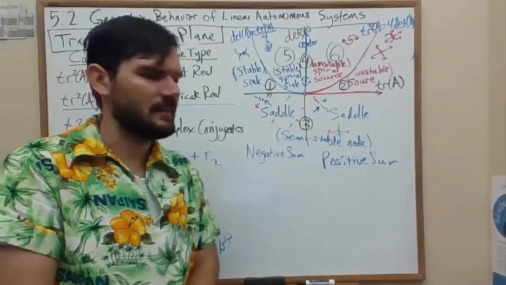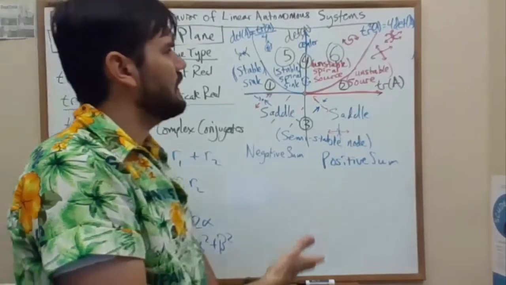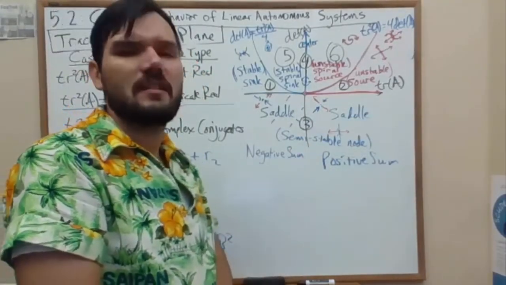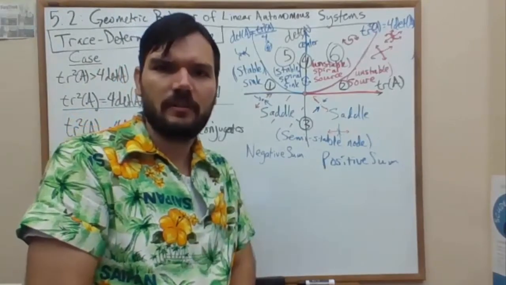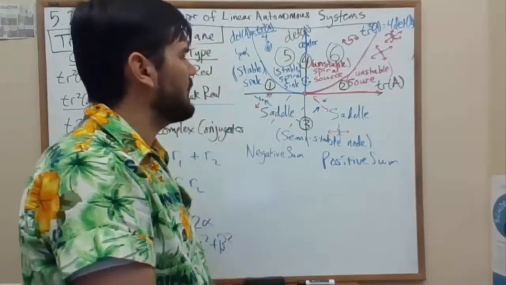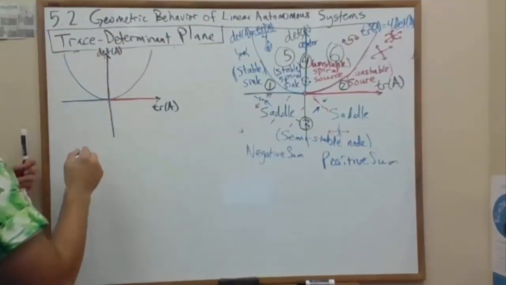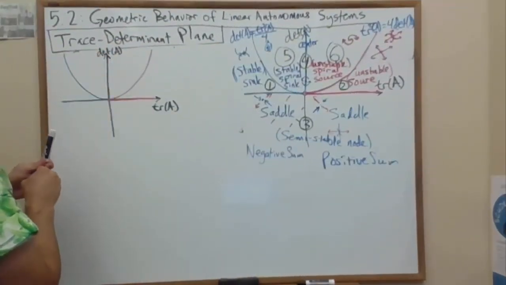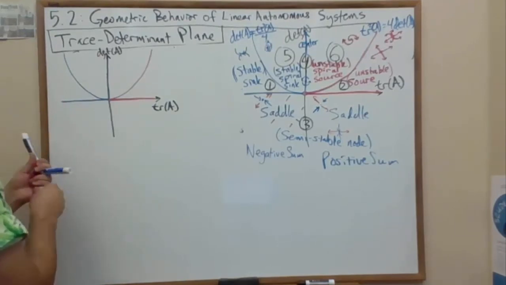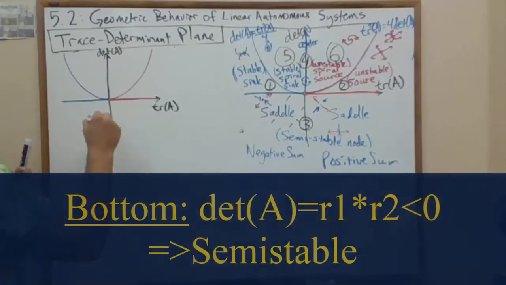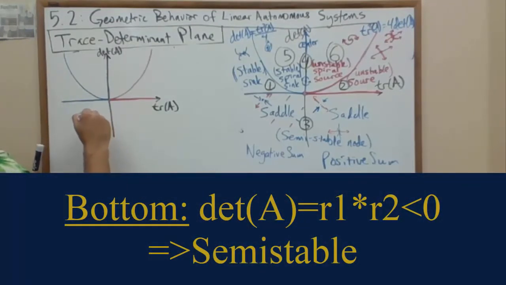Whew, that got complicated fast, didn't it? So let me take a minute here and clean up all this information and label it simply based upon the shape of the behavior. So I'm going to erase this table over here, and draw a smaller version of this, a more succinct version of this trace-determinant plane.